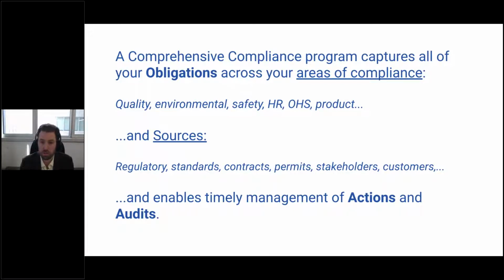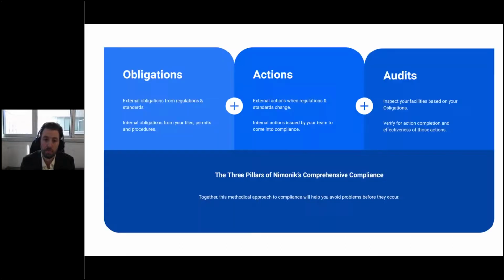What we do is we look at the various areas of compliance, and we look across the different sources of obligations: regulatory standards, permits you've obtained from the government, contracts, and stakeholder engagement. Then we allow you to create actions and audits to do a spot check. Ultimately, that's it.